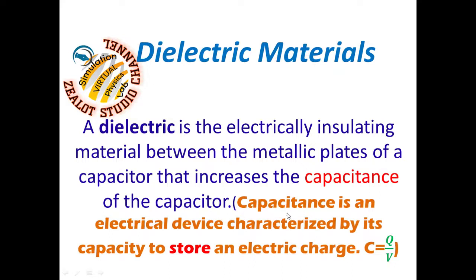What does capacitance mean? Capacitance is the electrical device characteristic of its capacity to store an electrical charge. So C equals Q over V, where C is the capacitance, Q is the charge, and V is the potential difference.